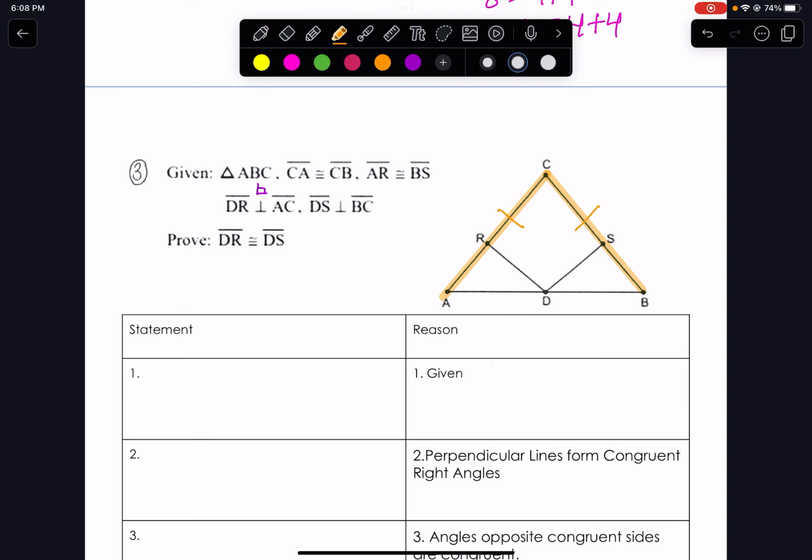AR, let's use a different color. So AR, this piece, is congruent to BS. DR is perpendicular to AC, so DR and AC form right angles, as does DS and BC.